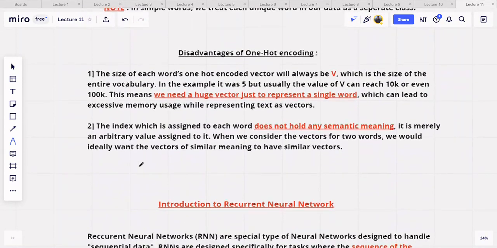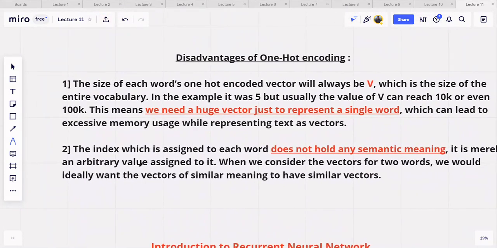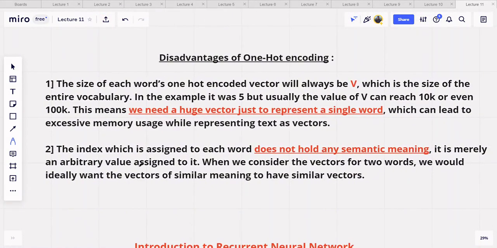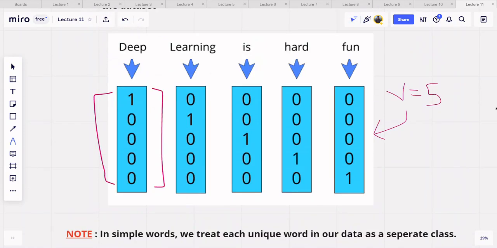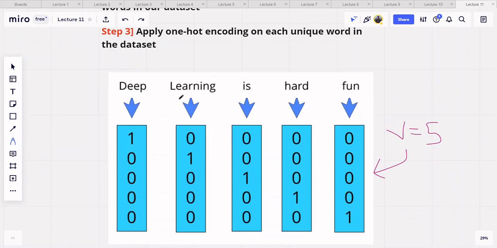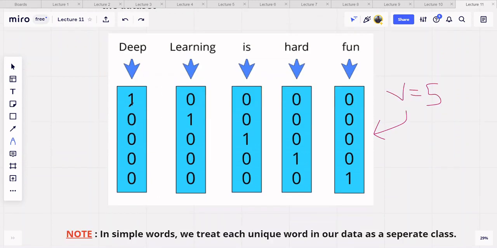All right. So let's also discuss some of the disadvantages of one-hot encoding. One main disadvantage is the vocabulary length. In one-hot encoding, we count the total number of unique words, and the length of our one hot encoded vector is equal to our vocabulary count.